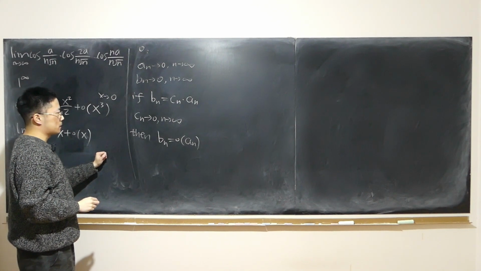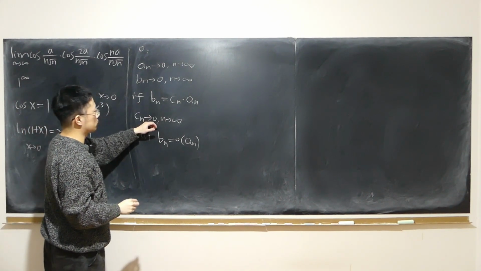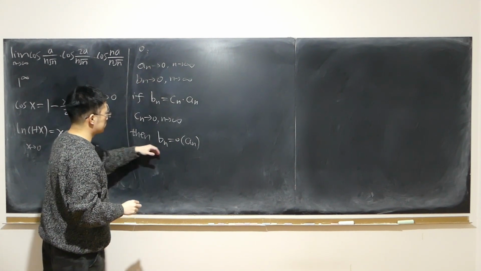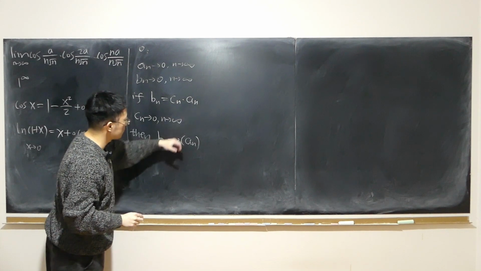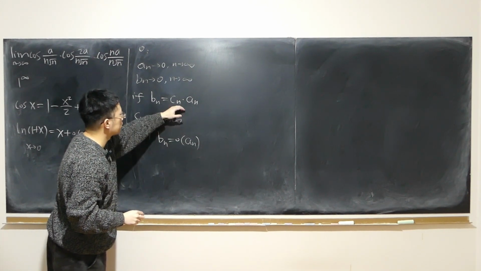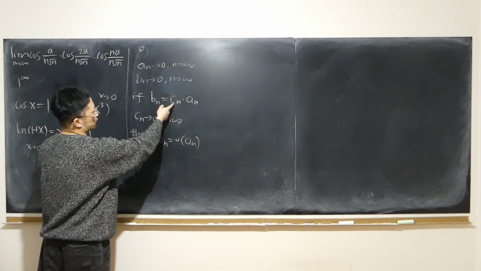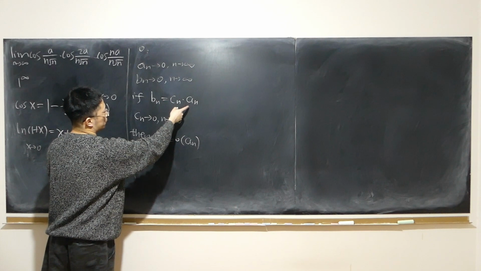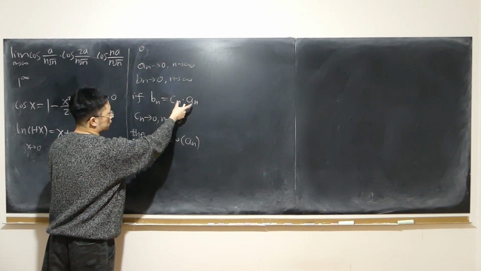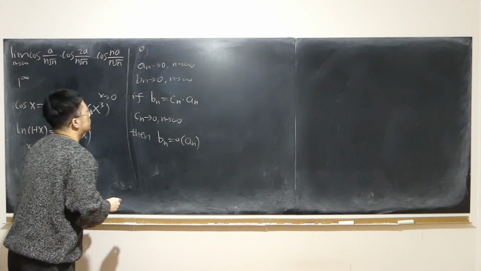So meaning, if bn can be written as a sequence approaching 0 times another sequence also approaching 0, then we say bn is little o of an. Meaning bn is approaching 0 faster than an. This is obvious, right? You have some arbitrarily small amount times some other arbitrarily small amount, so even more arbitrarily small, roughly speaking.